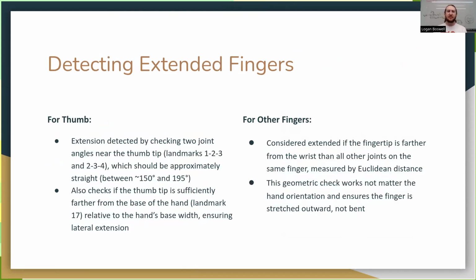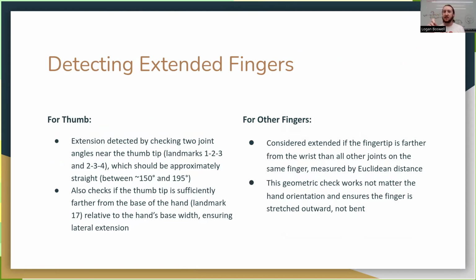And just a little extra info on detecting extended fingers. For your main four fingers, excluding your thumb, detecting extension was pretty easy, because you basically just look at the landmark at the tip of your finger and compare it to the other landmarks, right here, here, and here.